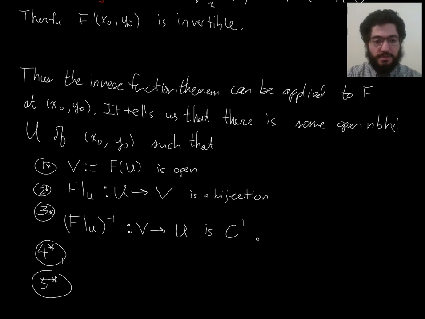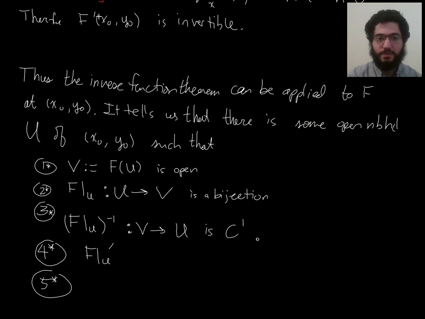So 4 star says that F prime is invertible. In the statement of the inverse function theorem, we assume that F prime is invertible at x0, y0.